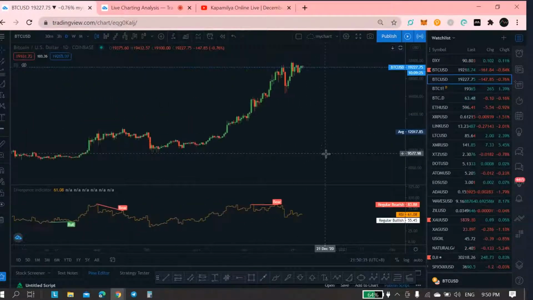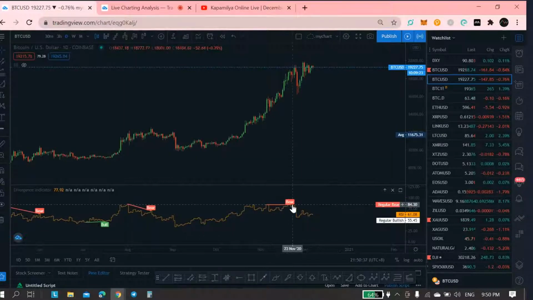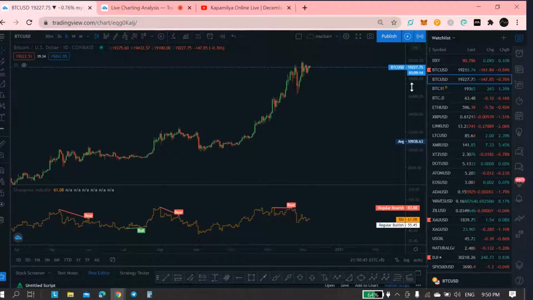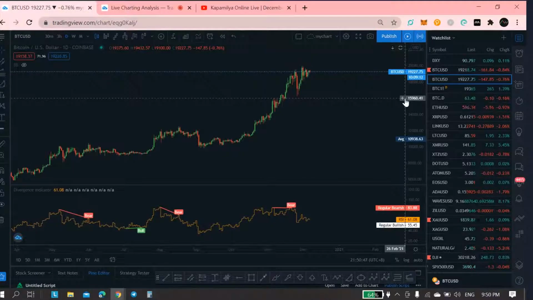For example in this area, you can see that there is a bear here. What kind of divergence is it, or possible convergence? Since it's a divergence indicator, it only shows the possible divergence.